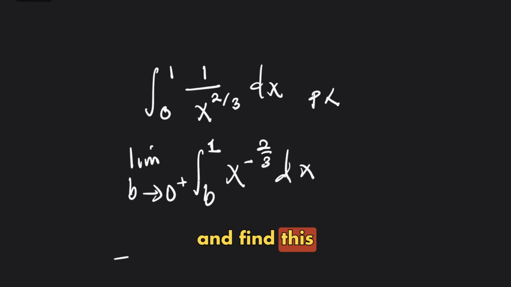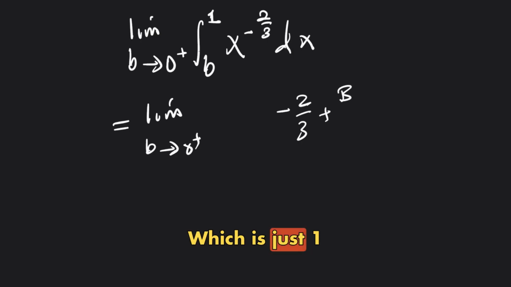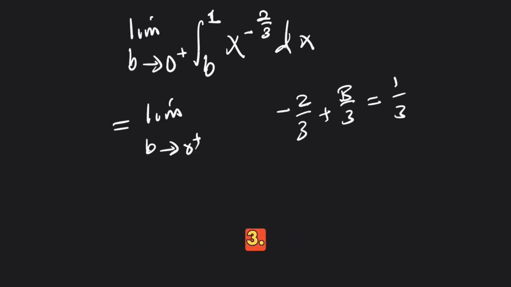Let's go ahead and find this integral. When we add negative 2 over 3 plus 1, it is the same as 1 over 3. Okay, but we're dividing throughout by 1 over 3, so it is the same as multiplying by 3.